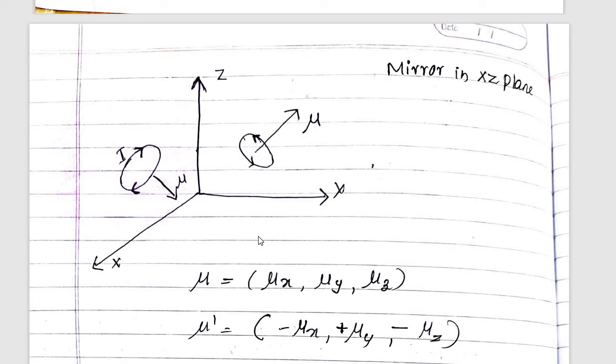In general, a quantity which transforms like this is known as a pseudo tensor or axial tensor. We take the example of vectors and generalize to tensors because vectors are a simple rank 1 tensor.